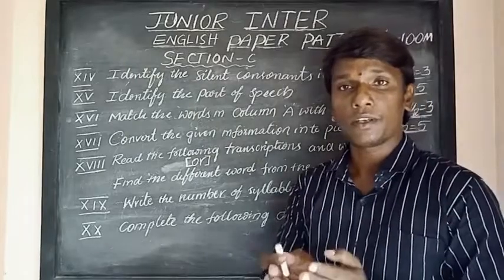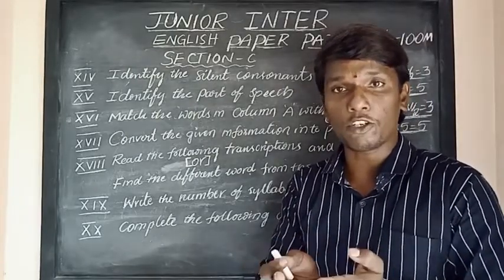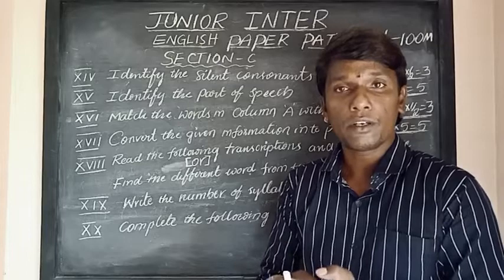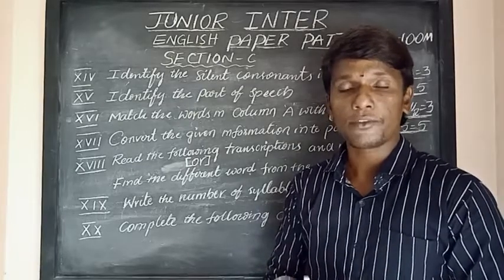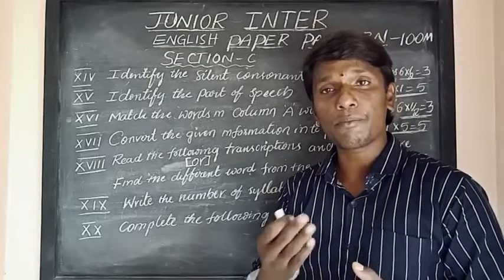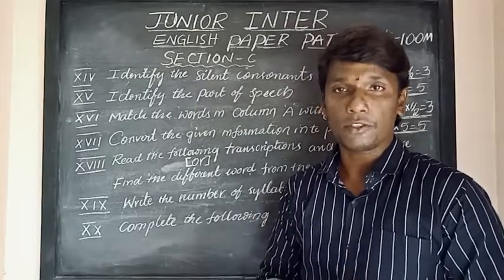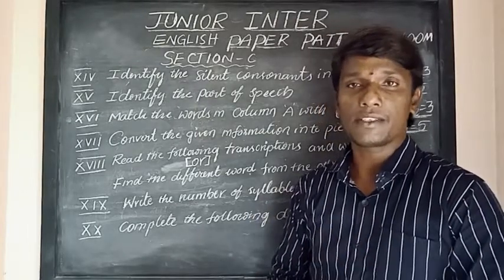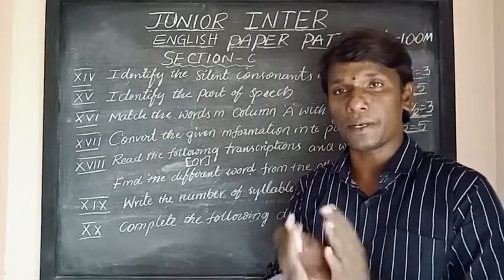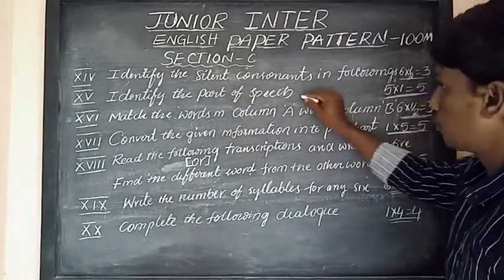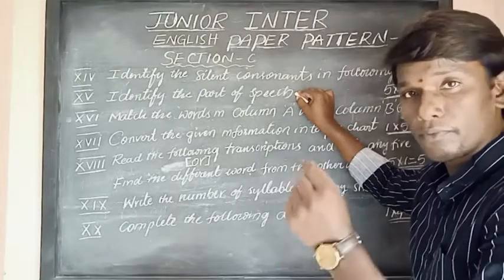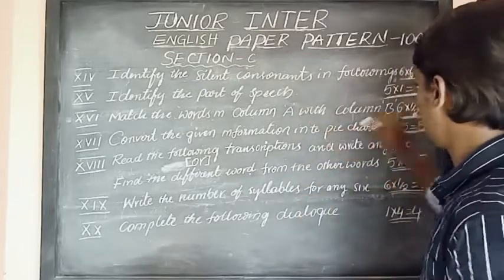You have to say whether the underlined word is a noun or a pronoun, or a verb or an adverb, or an adjective, or a conjunction, or a preposition or an article. That means the name of the part of speech of the underlined part. So this is for 5 marks. So the 15th question is parts of speech.